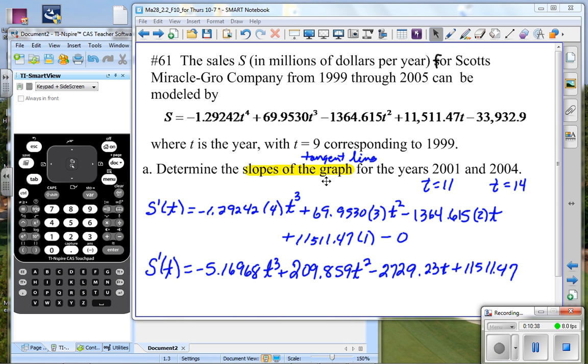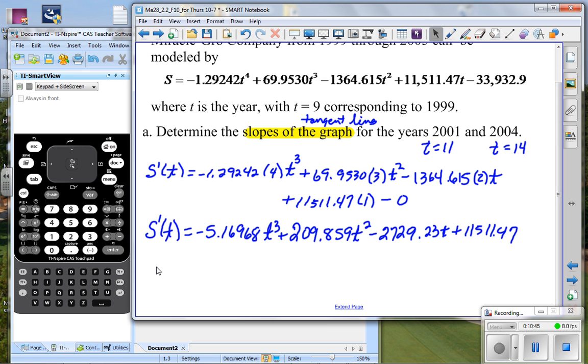Okay, now the problem says determine the slopes of the graph at the years 2001 and 2004. So we want the derivative at 11, and then we'd want the derivative at 14. In order to help us out, the best thing we can do would be to use the Inspire and put those values in.